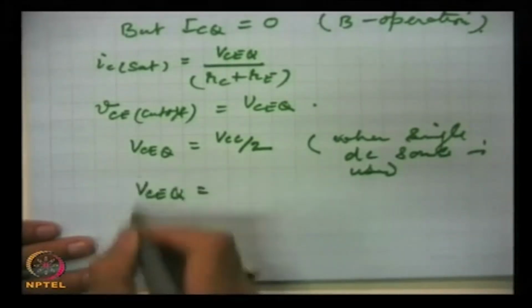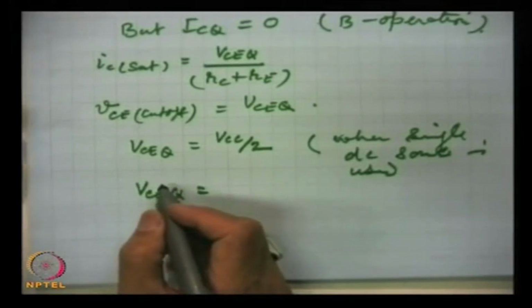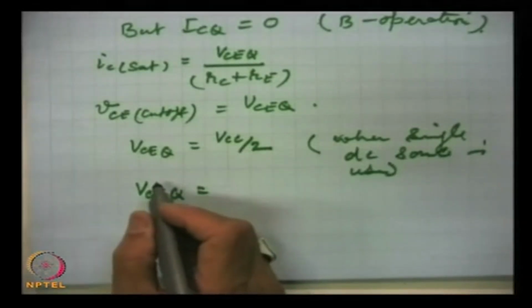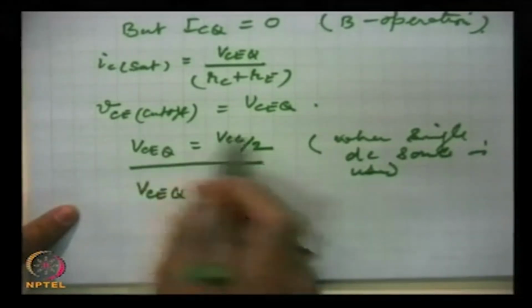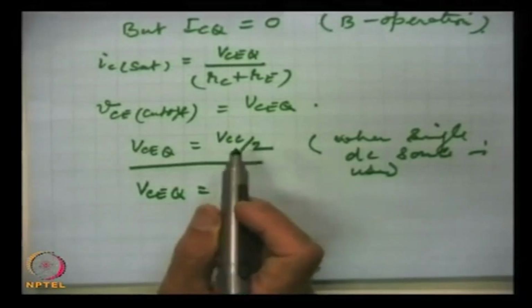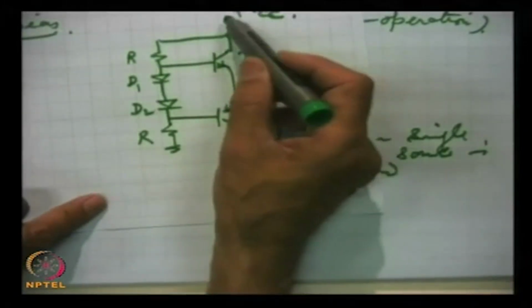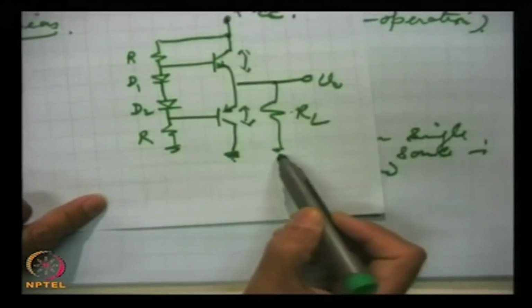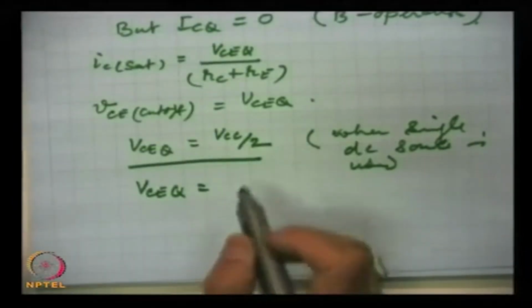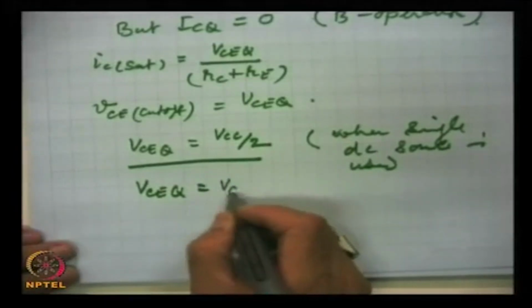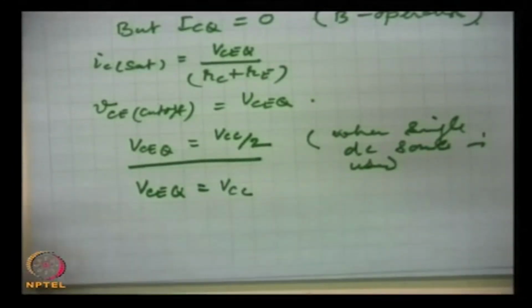This is just for the sake of knowledge. We are using only one battery, so for us VCEQ is VCC by 2, but in the other case VCEQ will be equal to VCC, whatever we use.